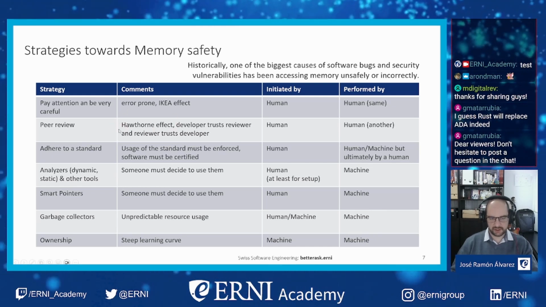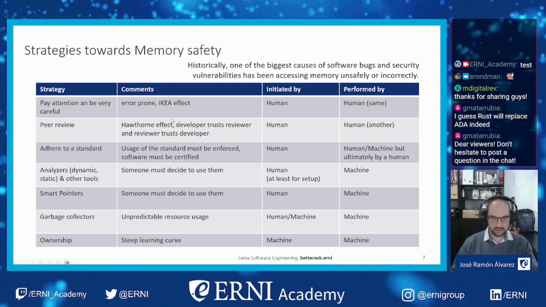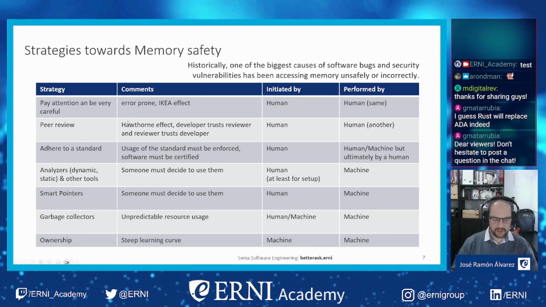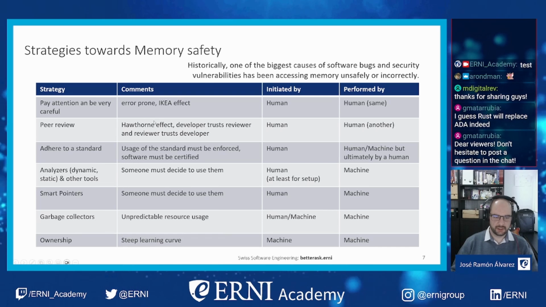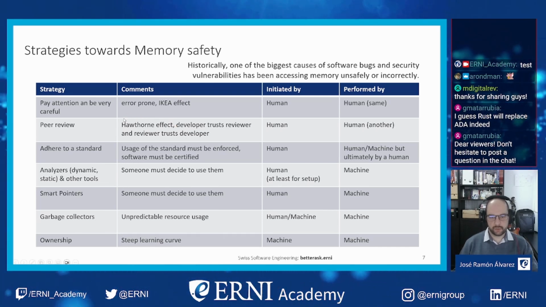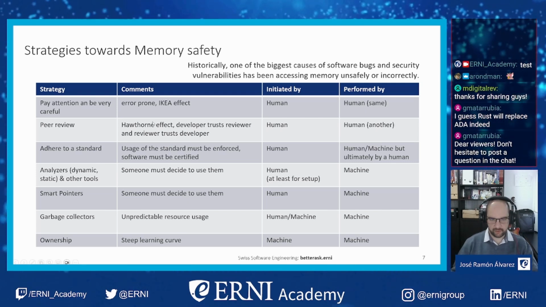The Hawthorne effect is a psychological effect, a change in our behavior. If we feel that we are observed, our behavior changes, and this is positive in this case, because as we know that we are going to be reviewed, we put extra effort into writing our code without errors.